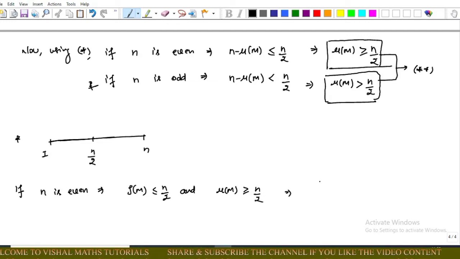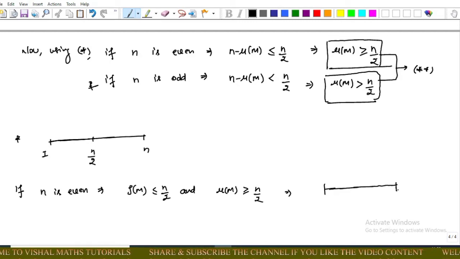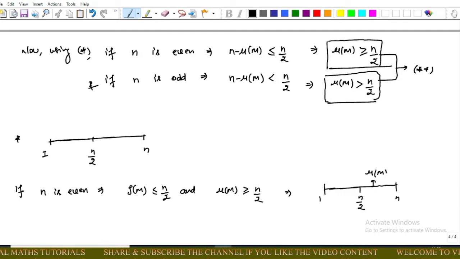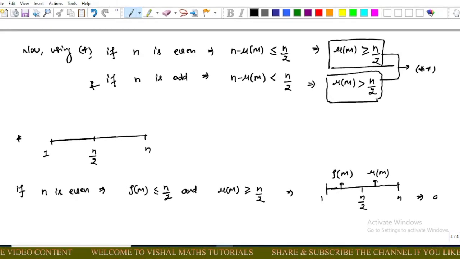This implies that for this line segment 1 to n, this is a portion of nullity of M, and this is a portion of rank of M. So from the given options, from this explanation, option A is incorrect and option B is correct.